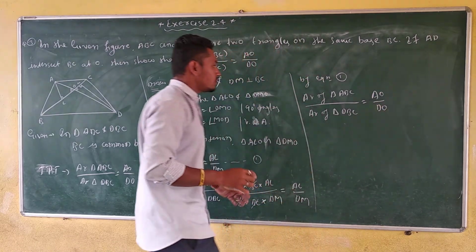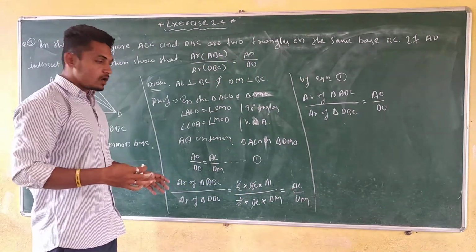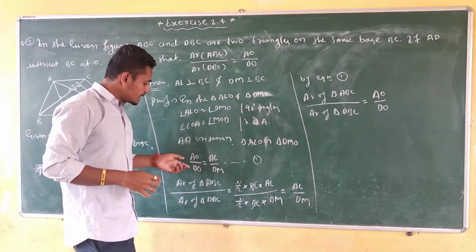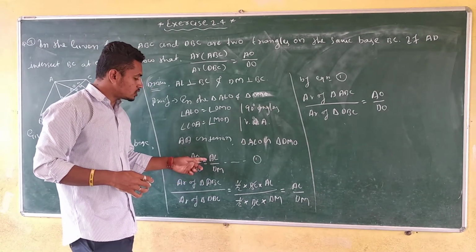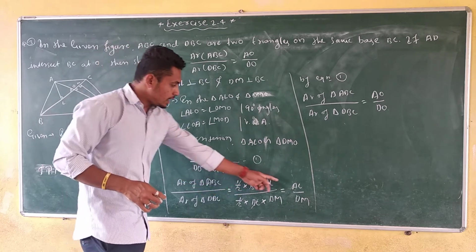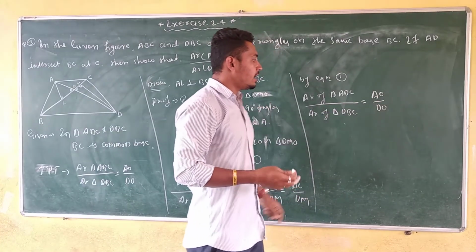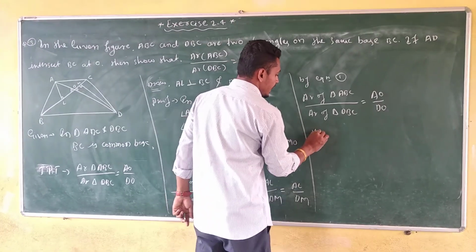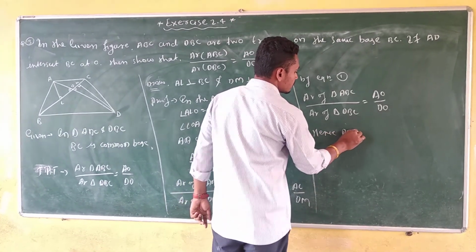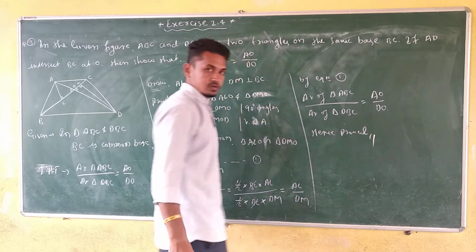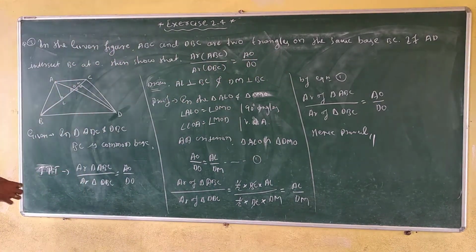Why directly write AO divided by DO? Because we already proved that AO divided by DO is equal to AL divided by DM. So replace the value AL divided by DM by AO divided by DO. Hence proved. So please note down this answer.